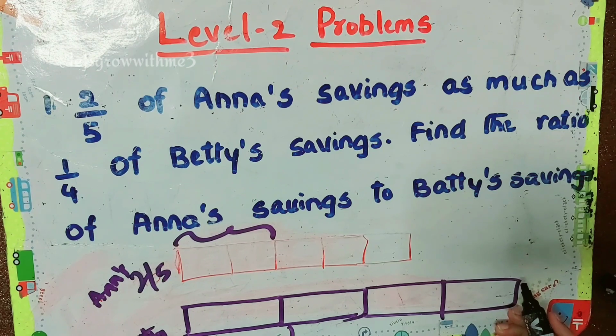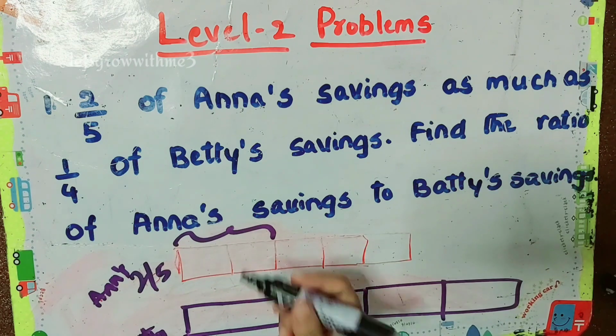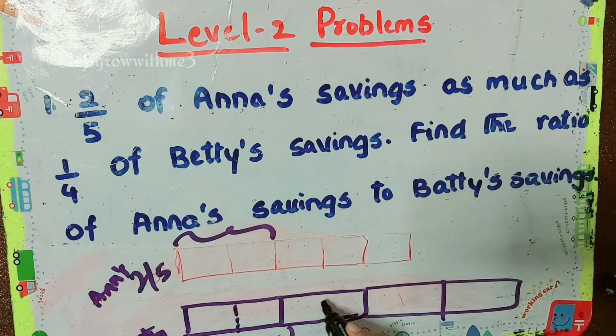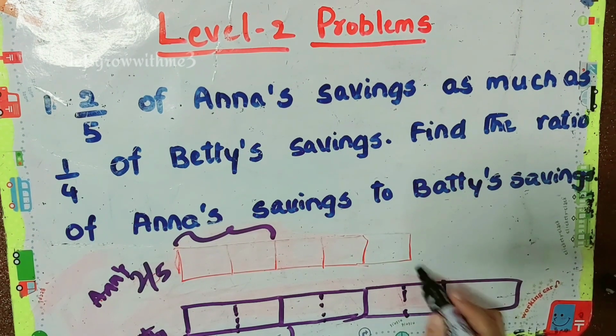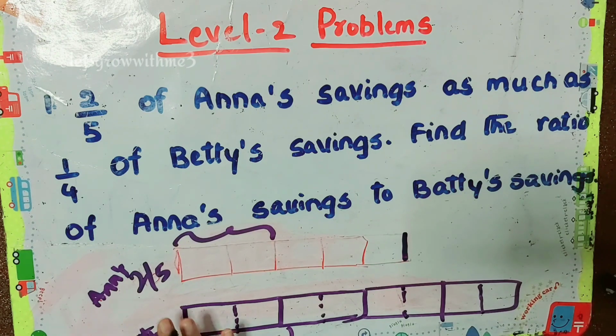Okay, so that means each part we will get 2 parts, right? Here it is 2 and this also 2, then 2 again. Okay, so now every quantity, both Anna's and Betty's, are the same.